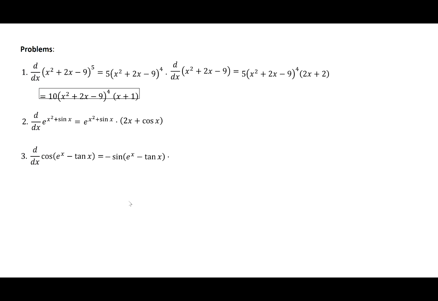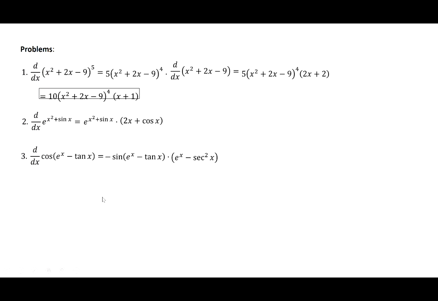Cool? Then we must multiply this by du dx, or d dx of u itself. u is the stuff inside the parentheses. What's the derivative of the stuff inside the parentheses that we need to multiply by? Oh, the derivative of e to the x is just e to the x, minus the derivative of tangent x, which is secant squared x.